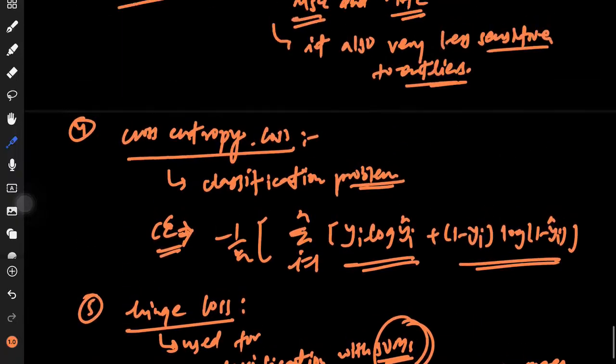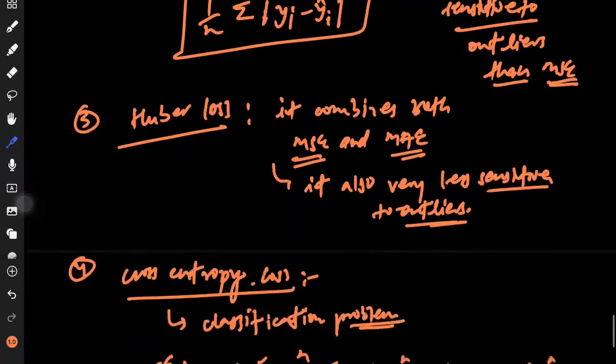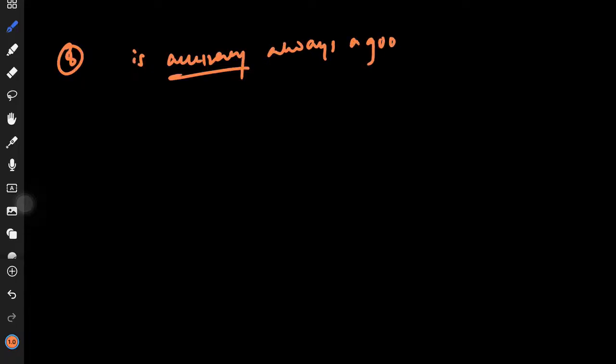So here comes our 8th question. The 8th question is, is accuracy always a good metric for classification?